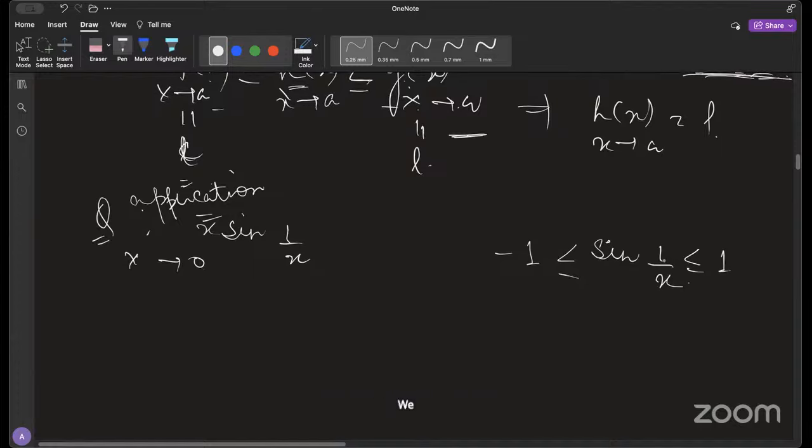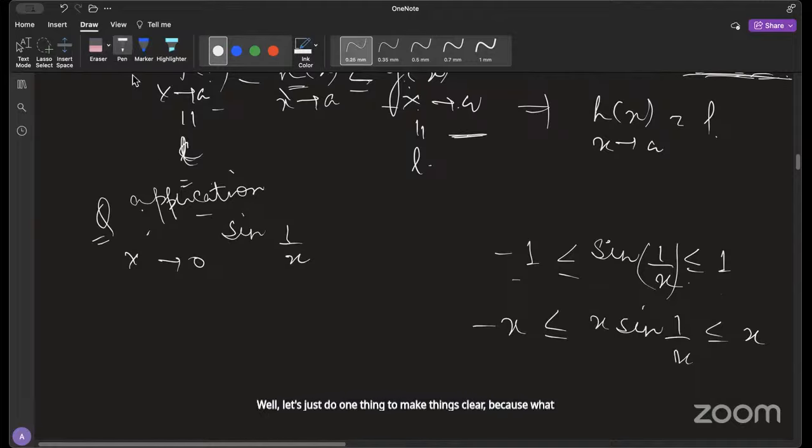So a sine function is always between -1 and 1. That means your x sine 1 by x is going to be between -x and x, right? Or let's just do one thing to make things clear, because your x can be negative.